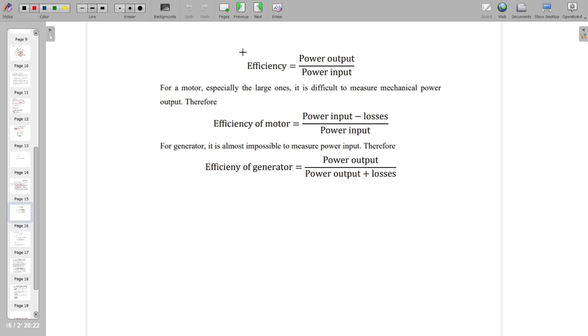Therefore the efficiency of a motor is equal to input power minus losses, which is treated as the output, upon input power. For a generator, it is almost impossible to measure the input power, so the efficiency of the generator is the output power upon output power plus losses. This gives the total input. With the help of these two formulas we can determine the efficiency of the motor as well as the generator.